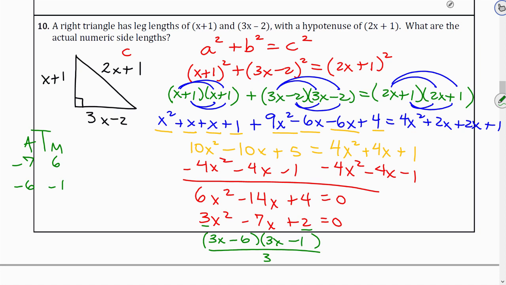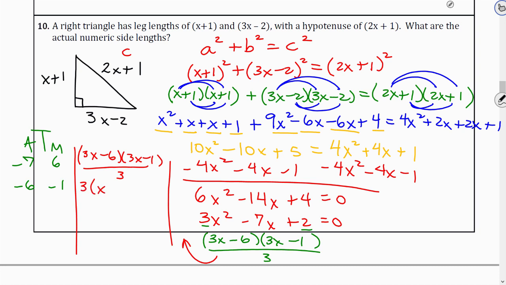There's always one that has a GCF. That's this first one. Let me just rewrite this so it's easier to see. 3x minus 6, 3x minus 1, over 3. I'll pull out a 3 out of this first binomial.